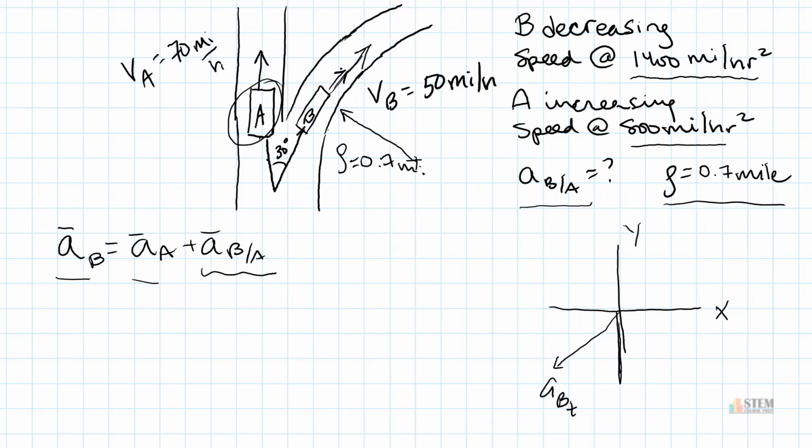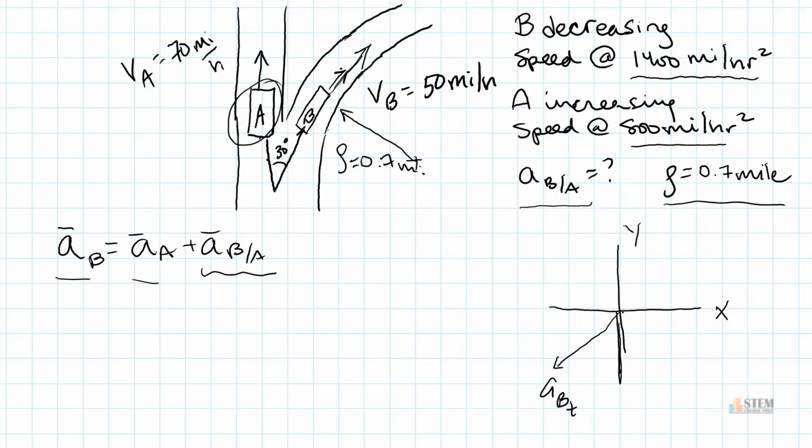I'll label angles in just a second. We've got this because it's decreasing, so it's in the opposite direction of the motion for car B, and it's on a curved path. So what else do I need in here? I need my normal component of acceleration, and the normal component just comes about from the curvature of the road.